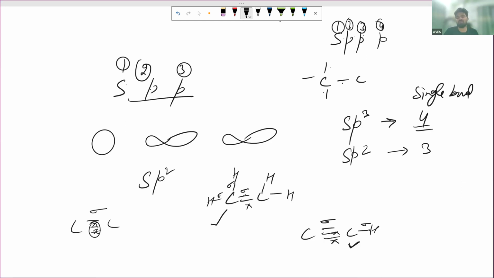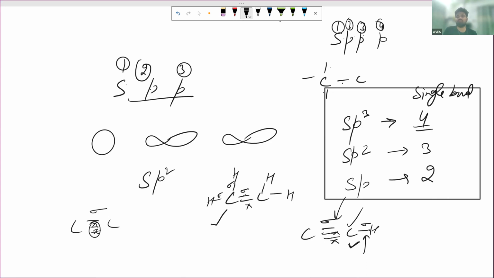So this carbon is making two sigma bonds, one with this one and one with this one. So the hybridization would be s and p only, sp. Understood? So please note it down, then you will not get stuck when you get the question.